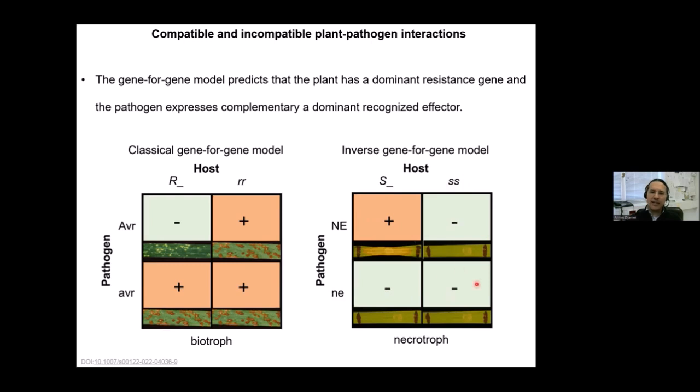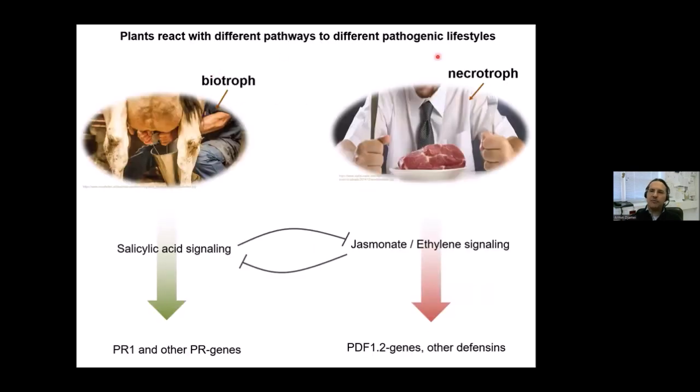In both cases, for the biotroph or the necrotroph, as I indicated already, plants need to respond specifically. Although this is very schematic, biotrophs are recognized and then trigger salicylic acid defense signal responses on the plant side. And necrotrophs are usually recognized and then trigger jasmonate and ethylene signaling responses in the plant.